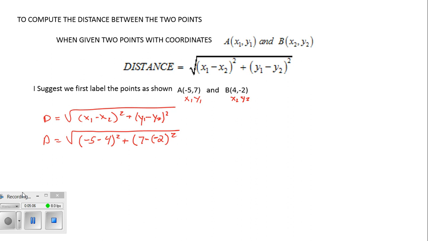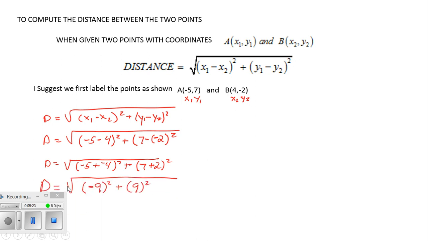Watch your operations. When you're subtracting signed numbers, it's the same as addition of the opposite. So if you want, you can alter this -5 minus 4 to -5 plus a -4. The 7 minus a -2 becomes 7 plus 2.